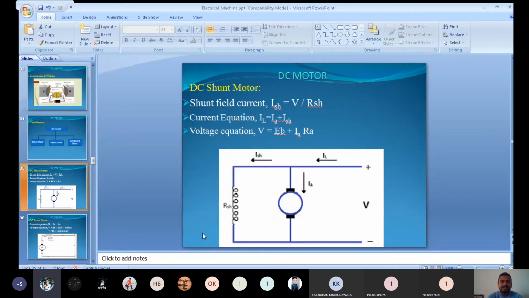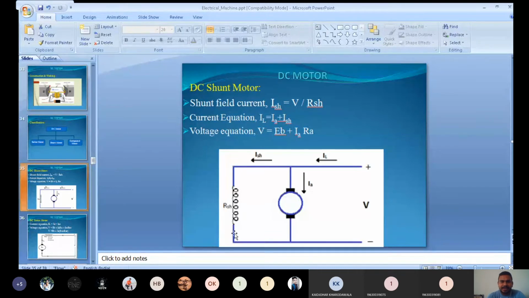Here is the shunt field winding. Now which type of shunt field winding is used? This winding has more number of conductors. The number of turns is more.